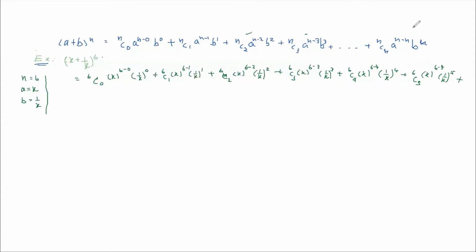Last term, I write on top here, becomes 6C6, x to 6 minus 6, 1 over x power 6.